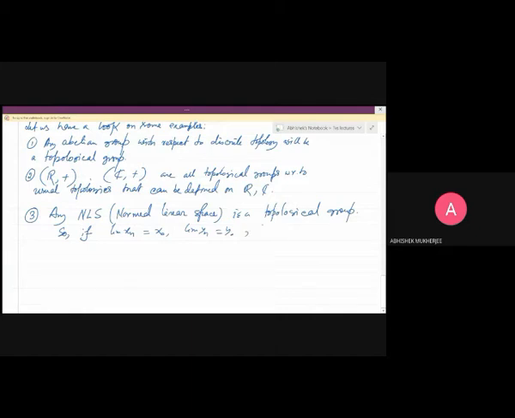then what you will have is the norm of xn plus yn minus x naught plus y naught, which is the norm of xn minus x naught plus yn minus y naught, which will be less than or equal to the norm of xn minus x naught plus the norm of yn minus y naught.